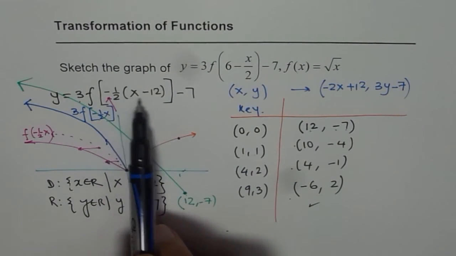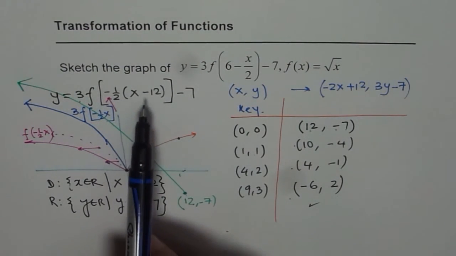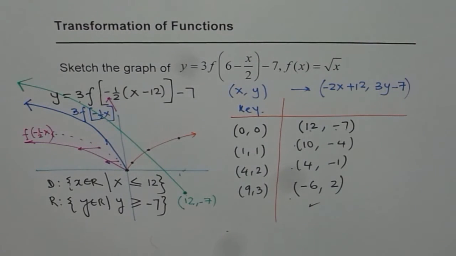And how do you describe this transformation and relate it with the graph? Once you understand all these things, it should be easier for you to transform the function. It's always a tricky job, so go through it in steps. That will always help you. I hope it makes it clear. Thank you and all the best.